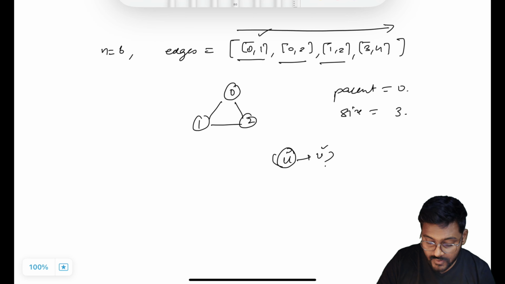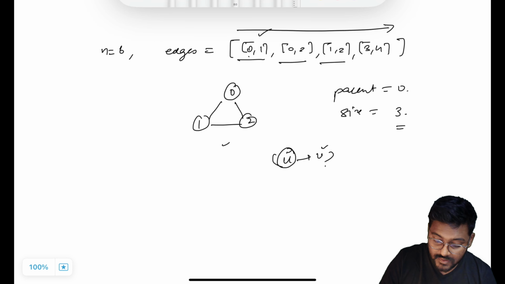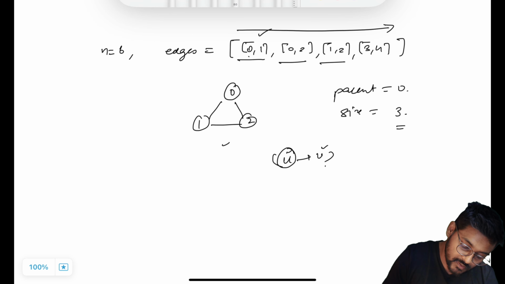For the first edge I check that 0 is part of this component, whose size is 3, correct? So for component 0 the edge count will be increased by 1. So for each parent or vertex, you just add a map edge count.